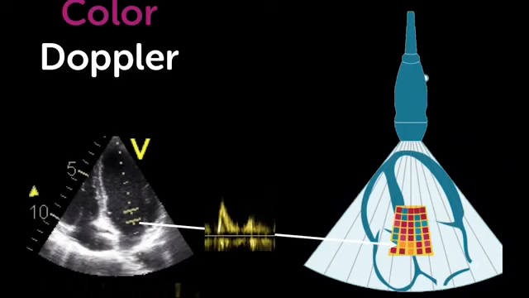Do you remember when I explained pulsed-wave Doppler and I showed you that there's a sample volume where you can measure the velocity and the direction of flow exactly within a certain area? Basically, this is also how color Doppler works. With the only exception, we don't only have one little sample volume, but many different sample volumes in a region of interest that we can define on the machine, and which we also call the color box.